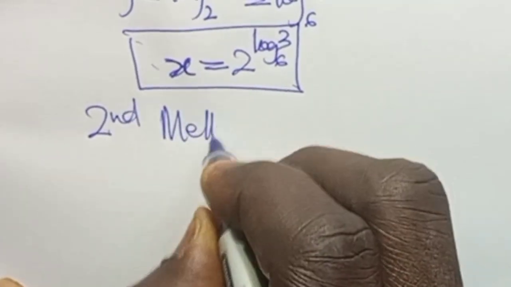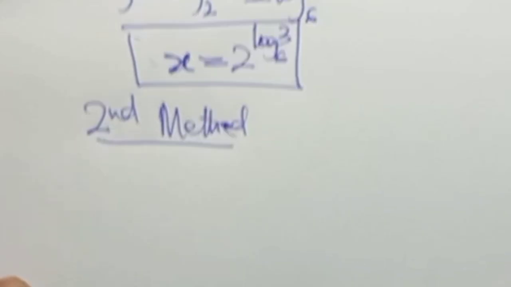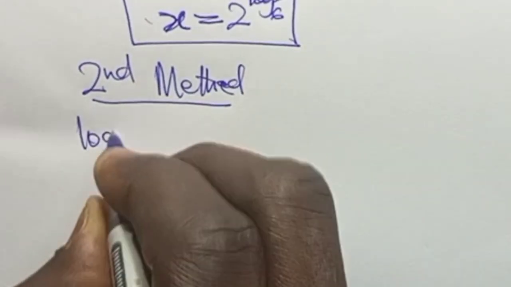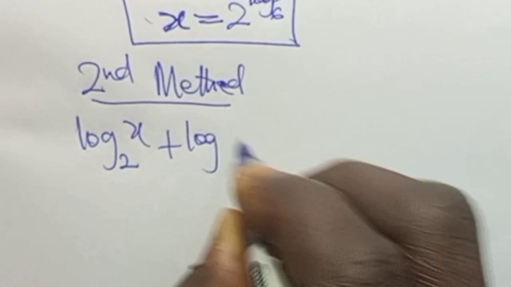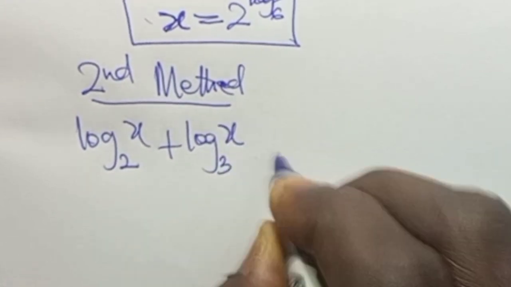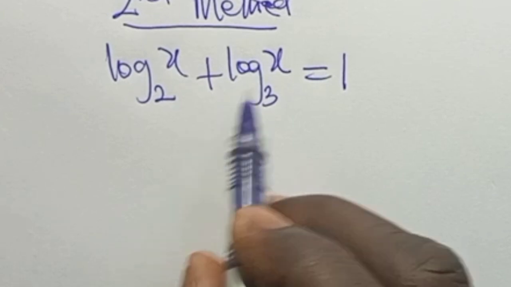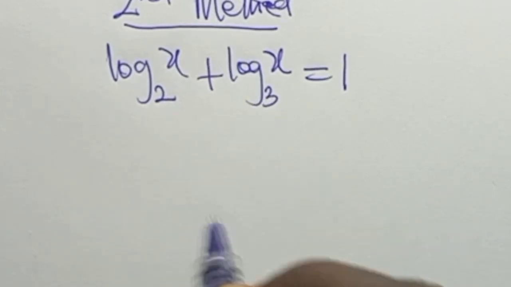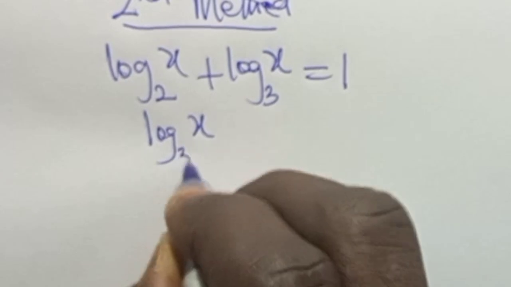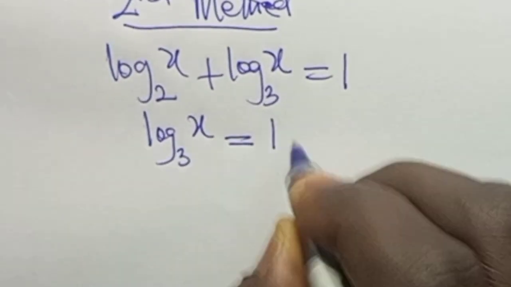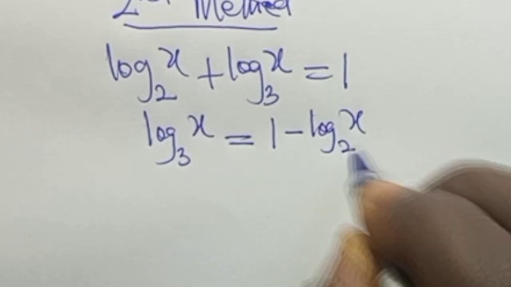In the second method, log x to base 2 plus log x to base 3 is equals to 1. Here, we're making log x to base 3 the subject of formula, and it becomes log x to base 3 equals to 1 minus log x to base 2.